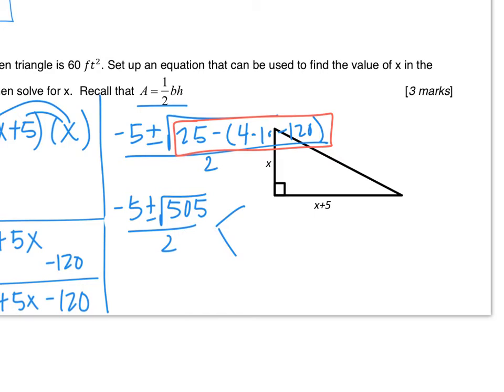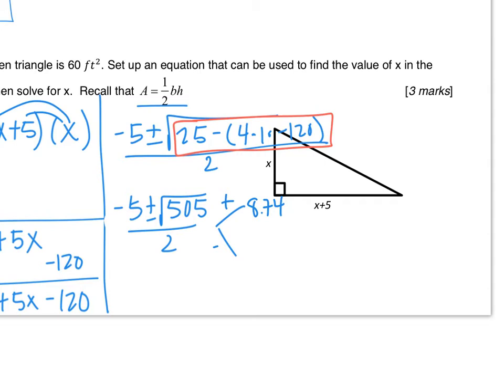So -5 plus, so this answer is going to be my positive answer, my answer I get from adding the square root of 505, and then divide that by 2, 8.74.